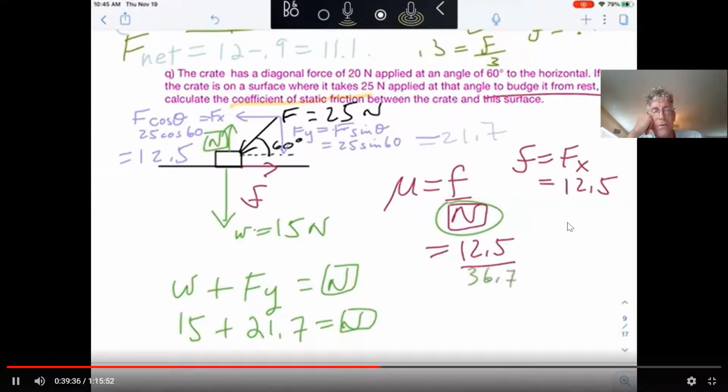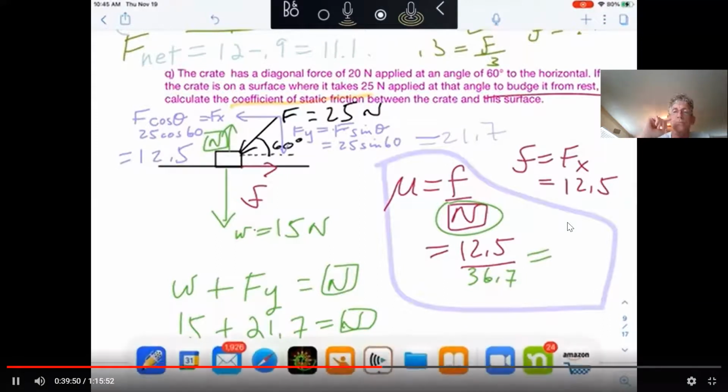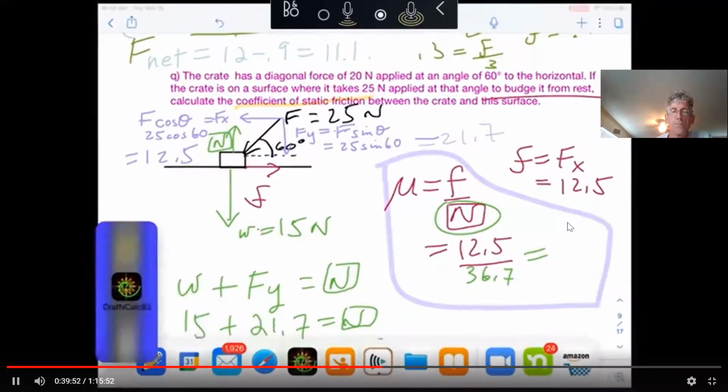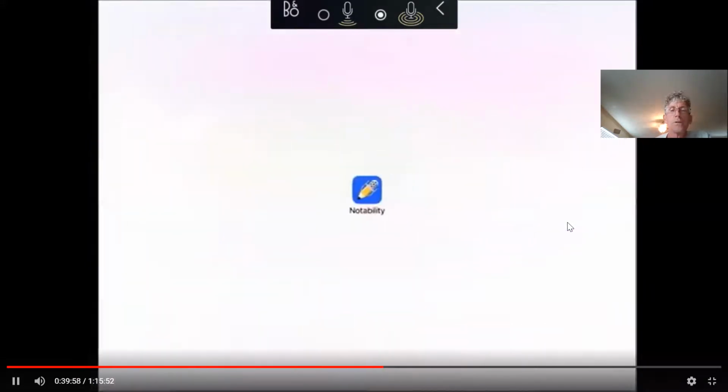Oh, I mean 36.7. Okay. So I calculate that out, and that's my coefficient of friction. It looks like about 0.3. Yeah, about 0.3.